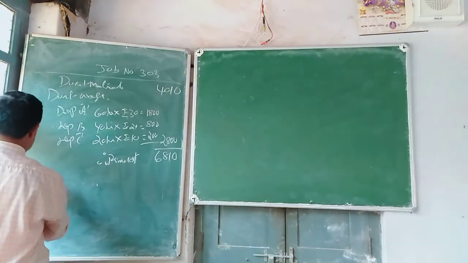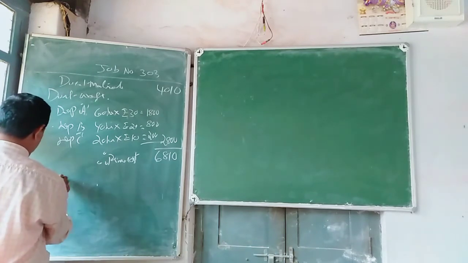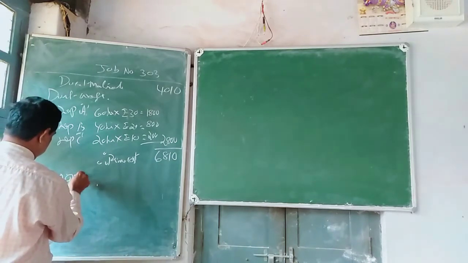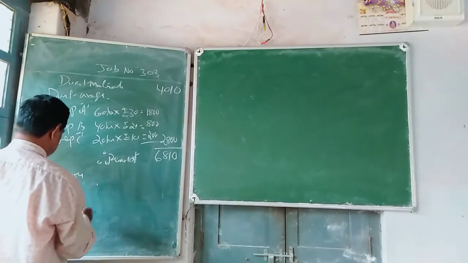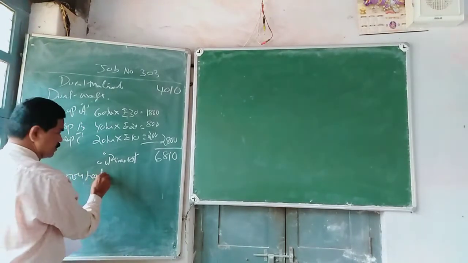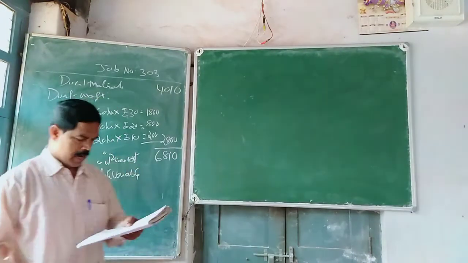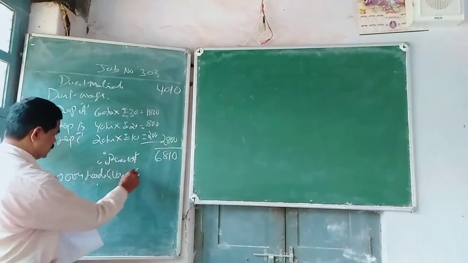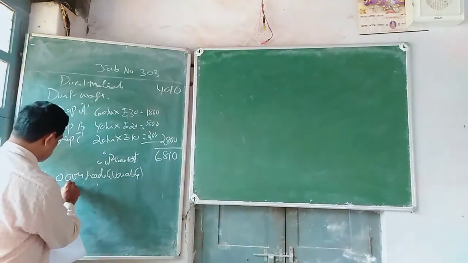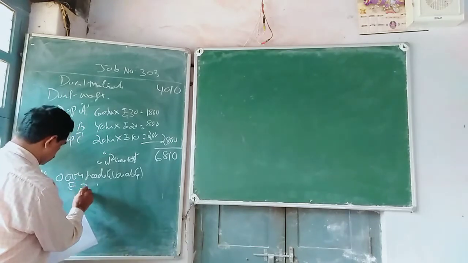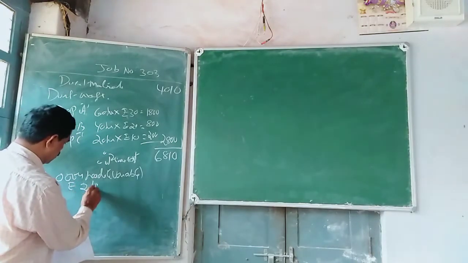Then add overheads. Add overheads, that's variable, rupees 2 per hour.